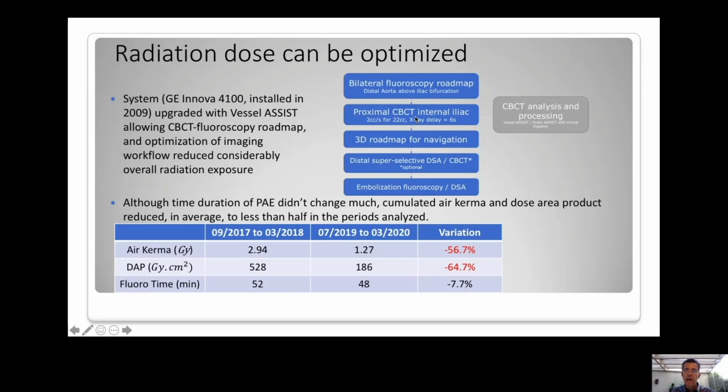With this, we are able to identify the whole pathway of the arteries and also to identify the prostate distally, so we can get the entire path from the origin of the artery until the distal prostate. And we can use that as a roadmap for navigation.